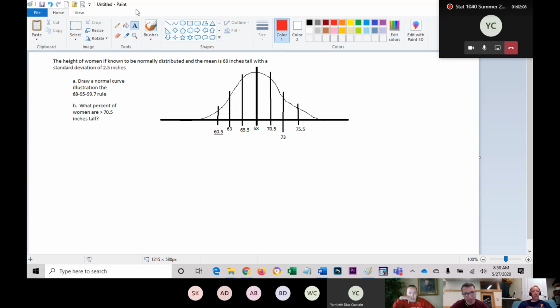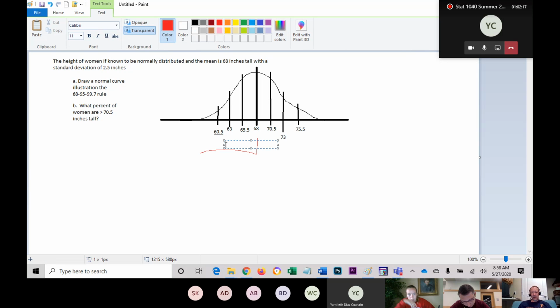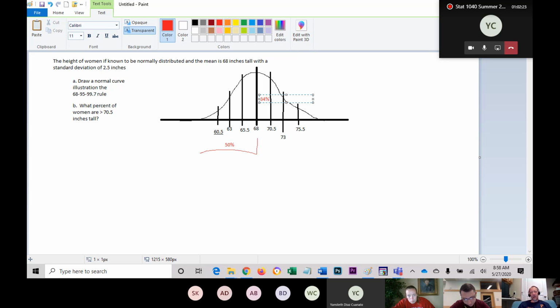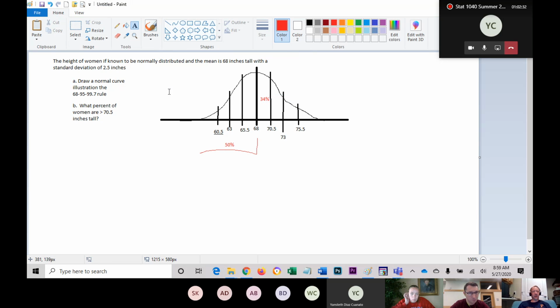You know that this below is 50%. And you know that this is 34% in here. So 50 and 34 is 84%, and so we're really looking for this value here, right? So what is that value in red?